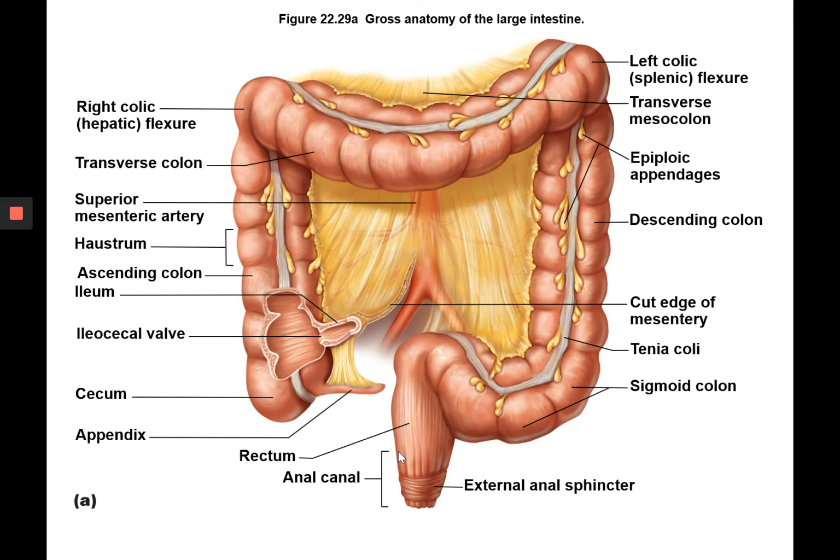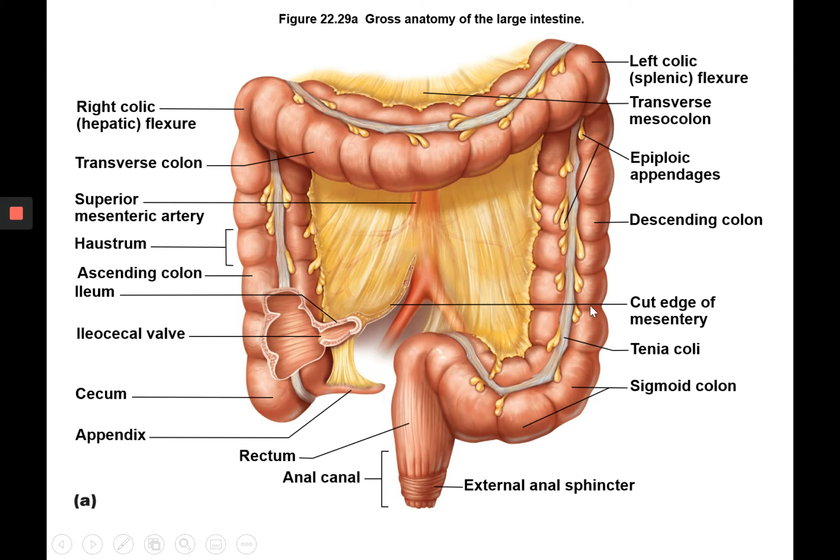So let's just trace the route of food through the large intestine. This is the last part of the small intestine, the ileum. So to move from the ileum or small intestine to the large intestine, we pass through the ileocecal valve into the cecum. From the cecum, food moves up the ascending colon, then right at the colic or hepatic flexure. It's going to move then through the transverse colon, then down past the left colic or splenic flexure.